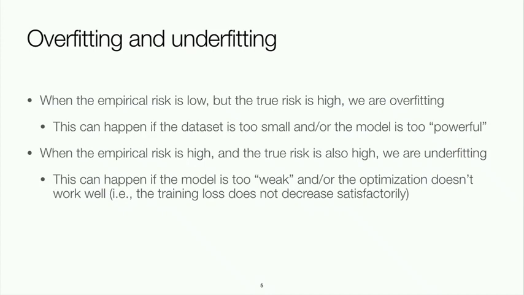Similarly, we could have issues where, for example, the optimization doesn't work very well. So, for example, if I'm learning a logistic regression model and I'm using gradient descent, but I have a step size that's way too big, and then all my loss does is fluctuate wildly because I'm jumping between all these different points that none of them actually correspond to the minimum that I'm looking for.